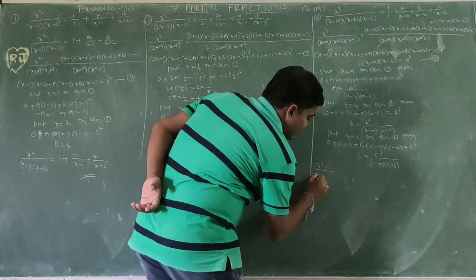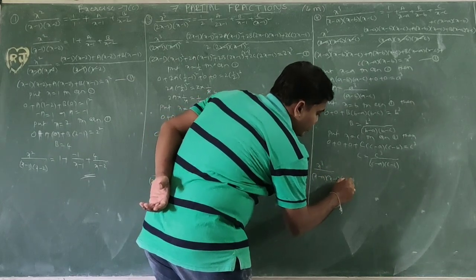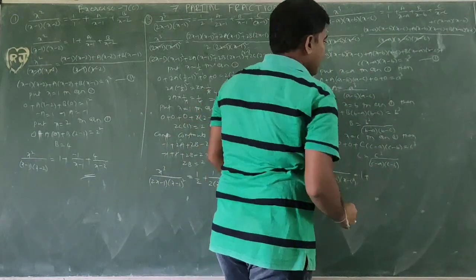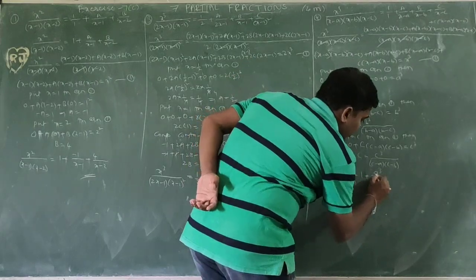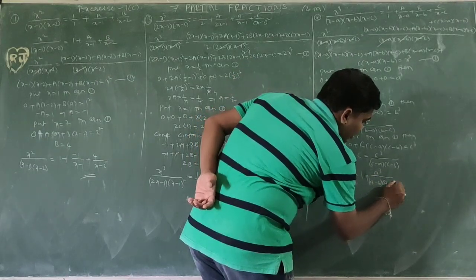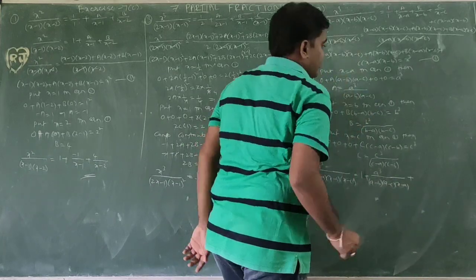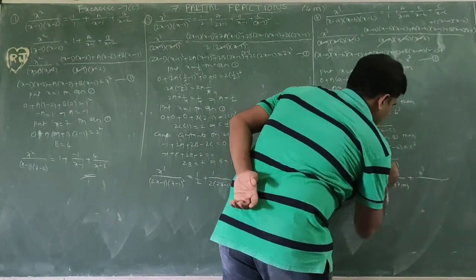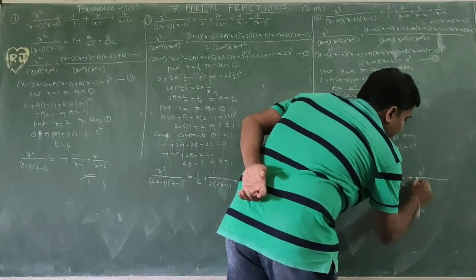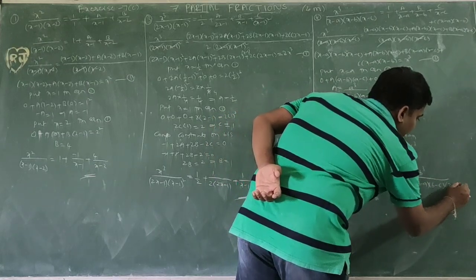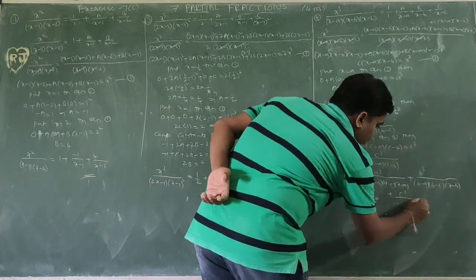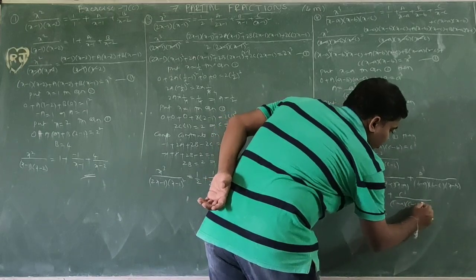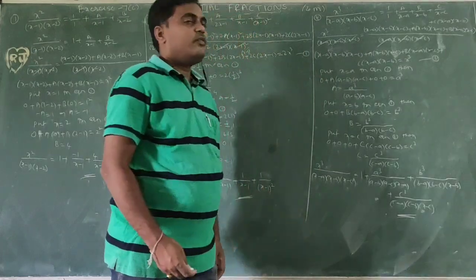X cube by x minus A, x minus B, x minus C equal to 1 plus A equal to A cube by A minus B, A minus C of x minus A plus B cube by B minus A, B minus C, x minus B plus C cube by C minus A, C minus B into x minus C. So this is the required result.